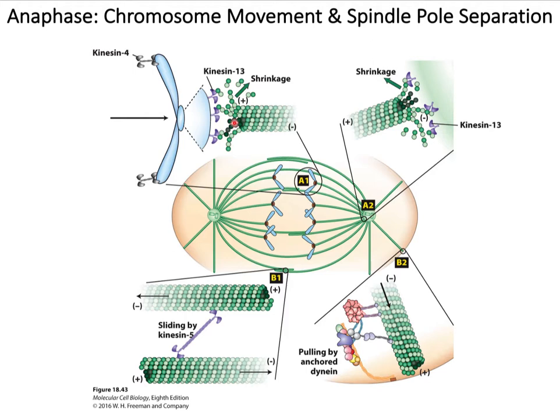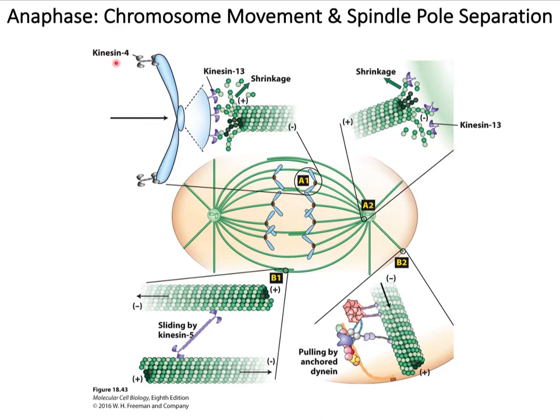In addition, kinesin 13 also aids in disassembly at the minus end of the spindle. The kinesin 13 just makes the disassembly faster, in addition to the normal disassembly of the microtubule at the minus end, which is shown as A2 in the figure.